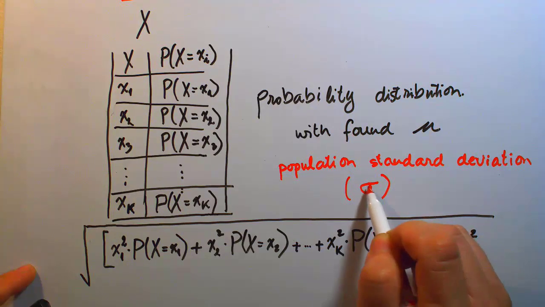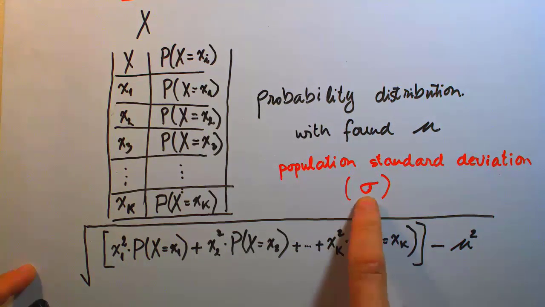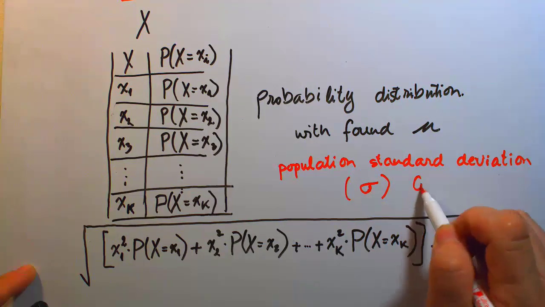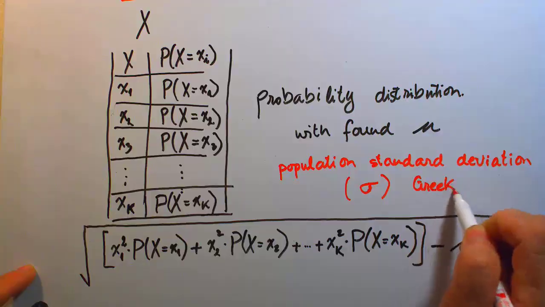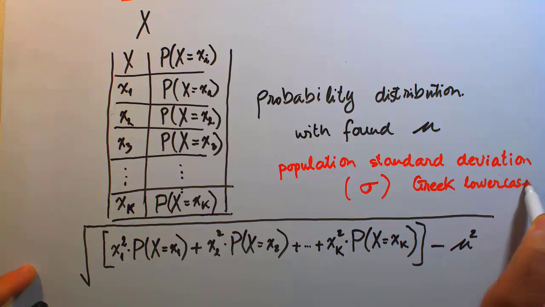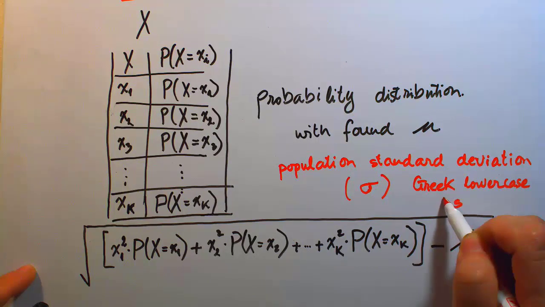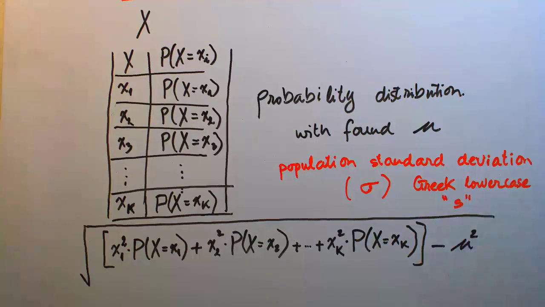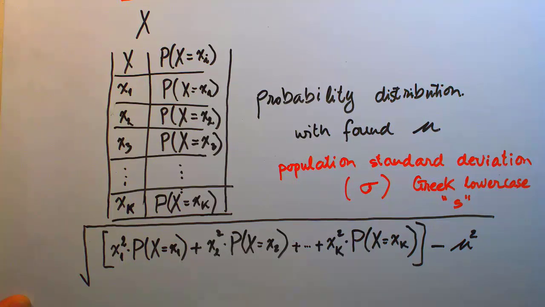And sigma, once again, is the Greek lowercase letter s. And so here in our formula for this population standard deviation, sigma equals that formula.